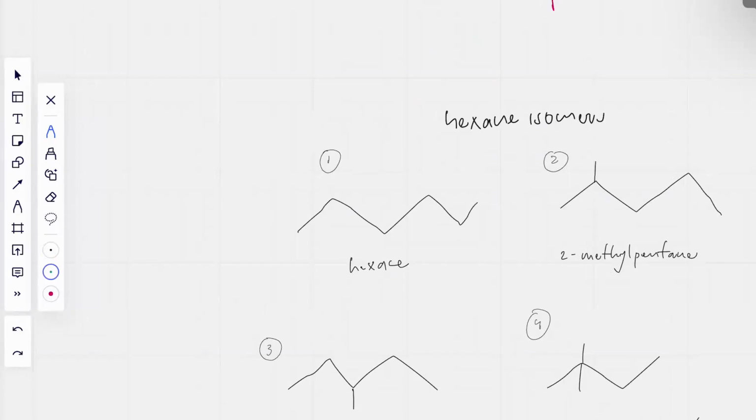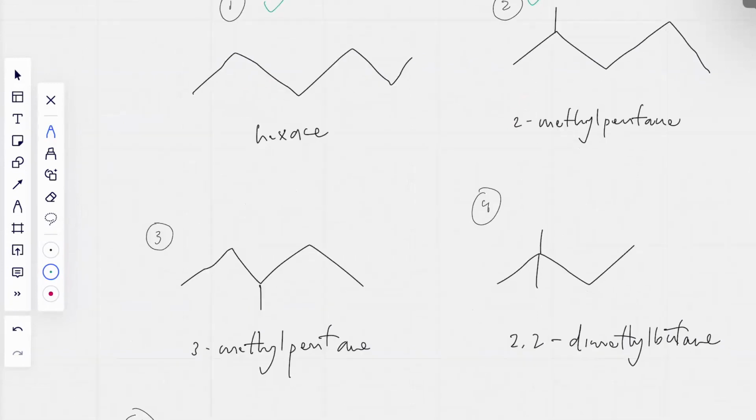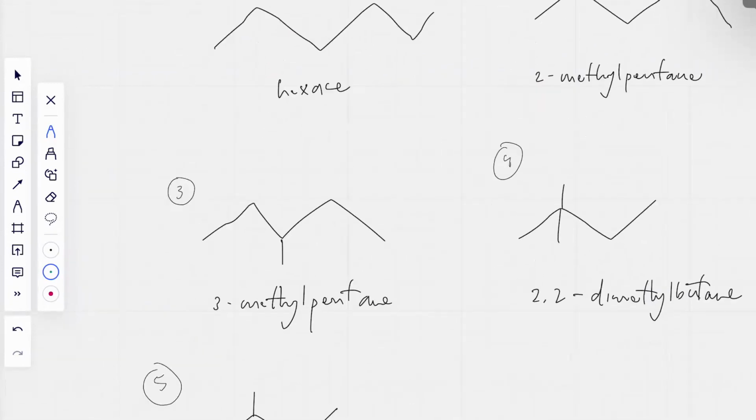The one that can be produced from that reaction is this one, and this one. 3 and 4 cannot.